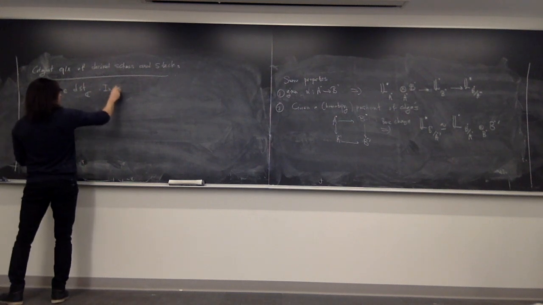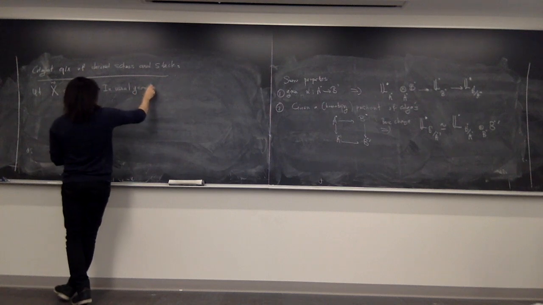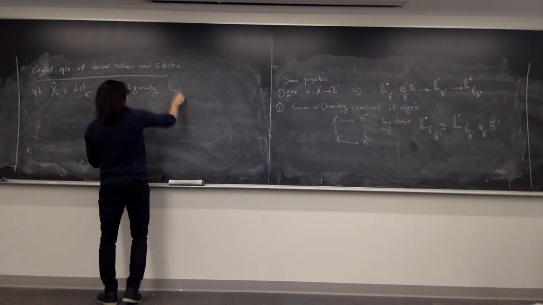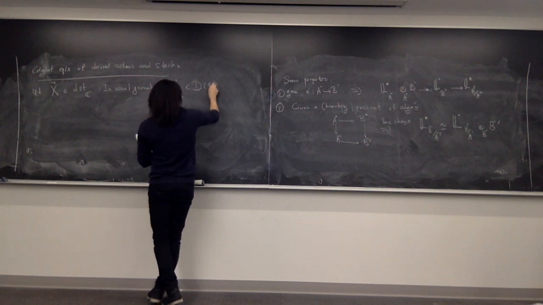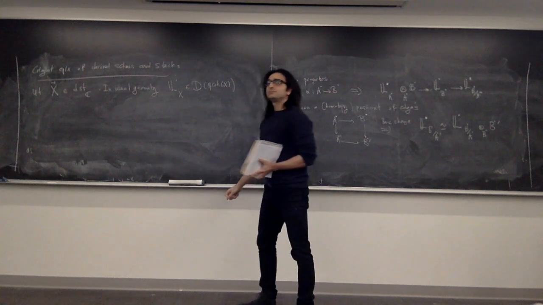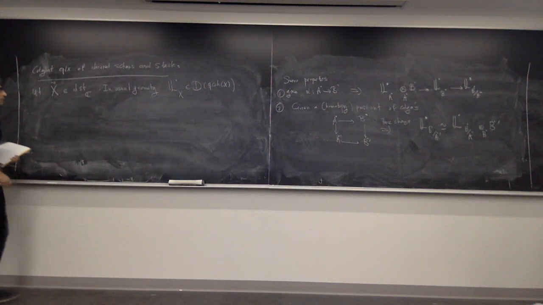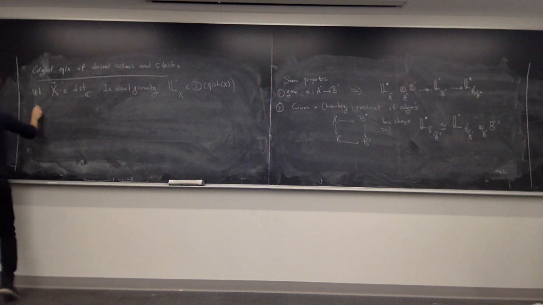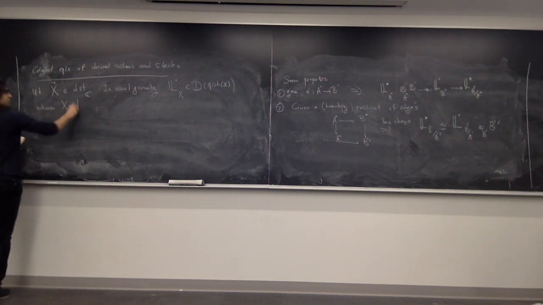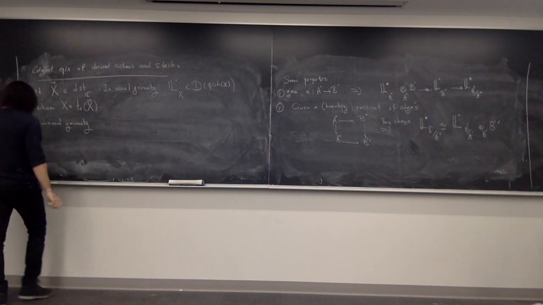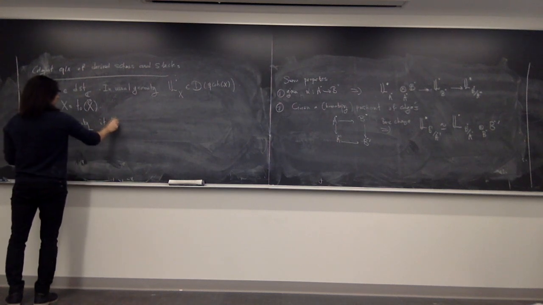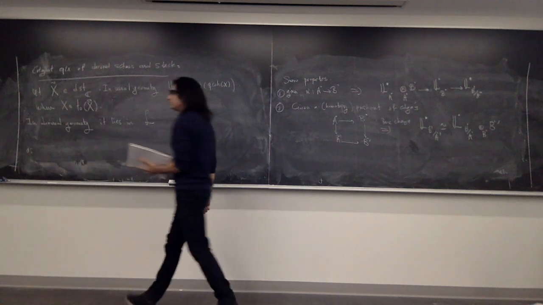In usual geometry, its cotangent complex L dot of X is an object in the derived category of quasi-coherent sheaves on X. In derived geometry, where X is the truncation of X tilde, it lies in some different kind of derived category.